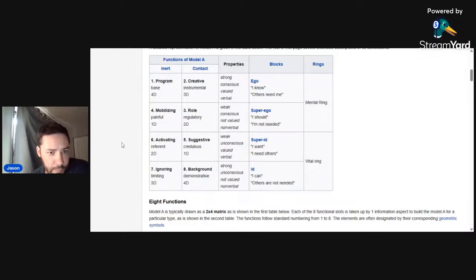Let's call it number 6, because now that I'm looking at this, it has it written as activating, and this over here is mobilizing, and that should be backwards. So number 6, okay, this is normally the thing we like to say is that you're going to grow into.